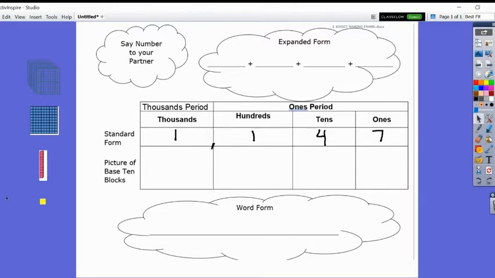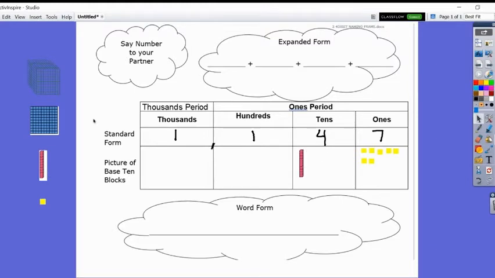So how many ones do I have? 7. That is going to be 7 ones. I should see 7 dots on your paper, and I should also see you with 7 ones on your mat. How many groups of 10? We have 4 groups of 10. We're going to skip count when we're doing these base 10 blocks to talk about the value.